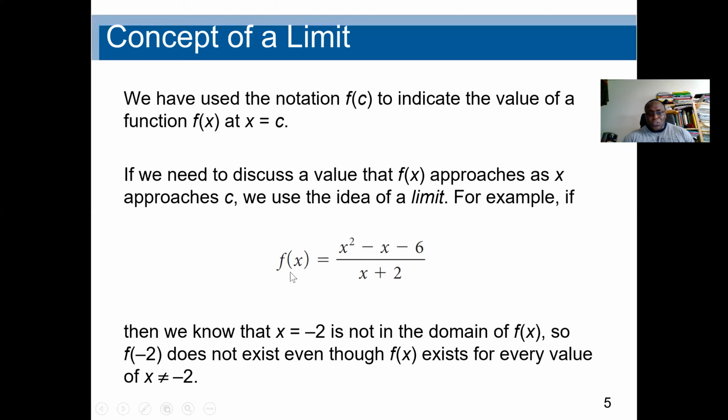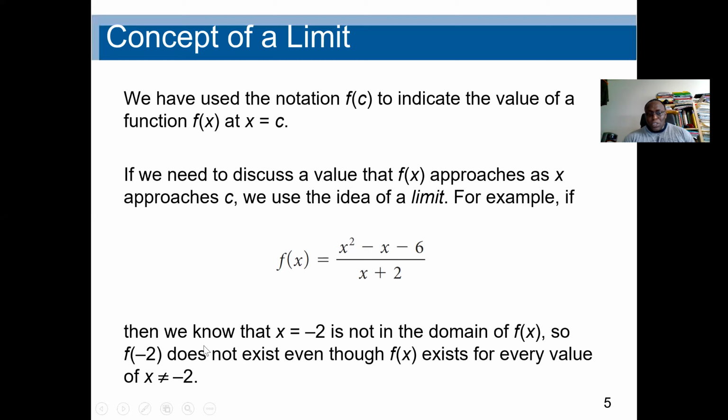Here the function is given as f(x) = (x² − x − 6)/(x + 2). Here we know that when x equals -2, the function does not exist, because any value divided by 0 is undefined. There's no answer.